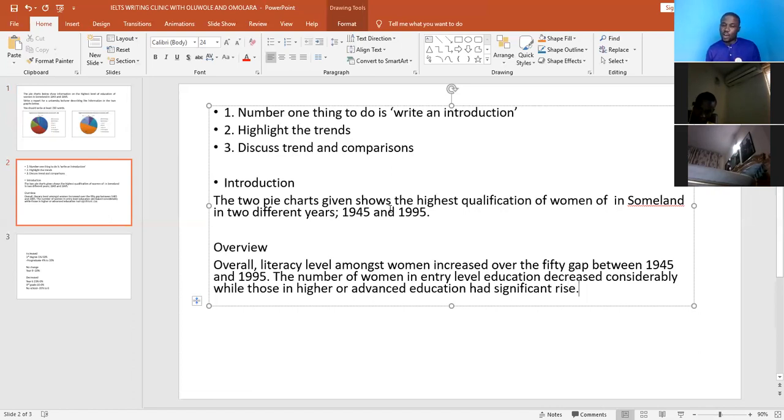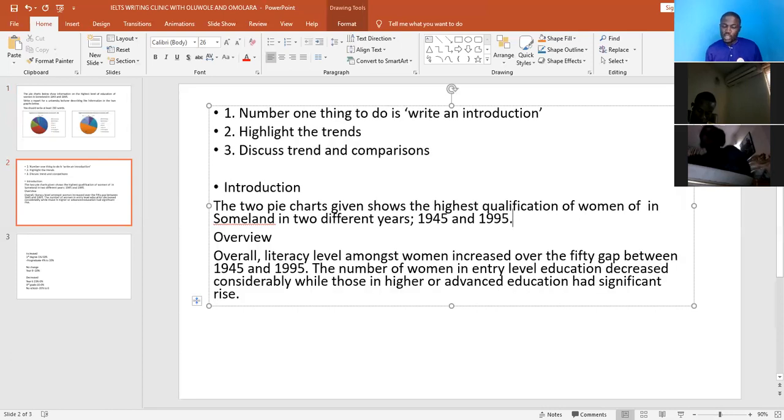Okay, so you have written your overview in this way. Introduction, the pie chart given shows the highest qualification, then you write an overview. So you can separate it in different paragraphs. Then you go to the next paragraph and you explain.